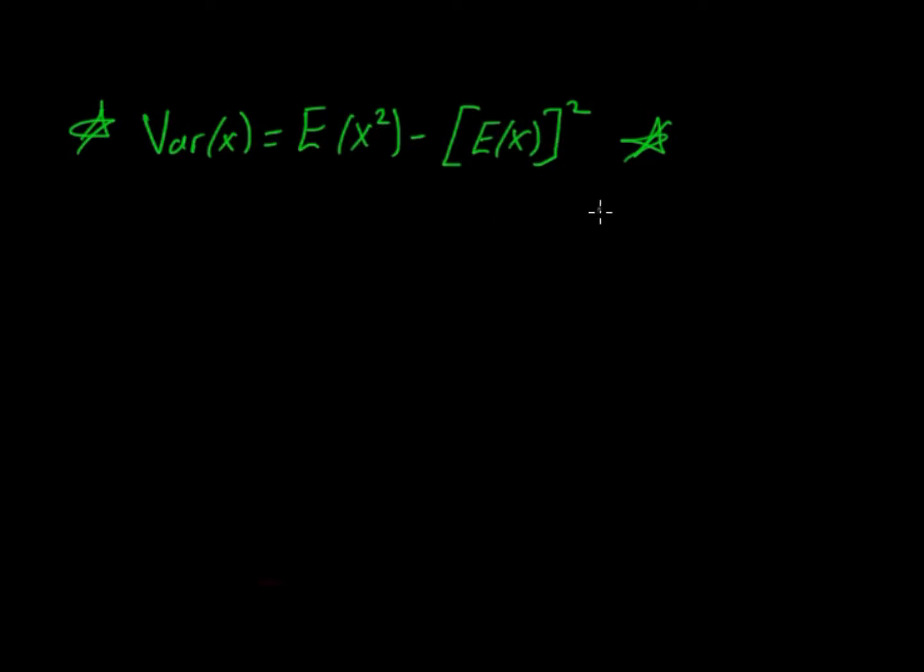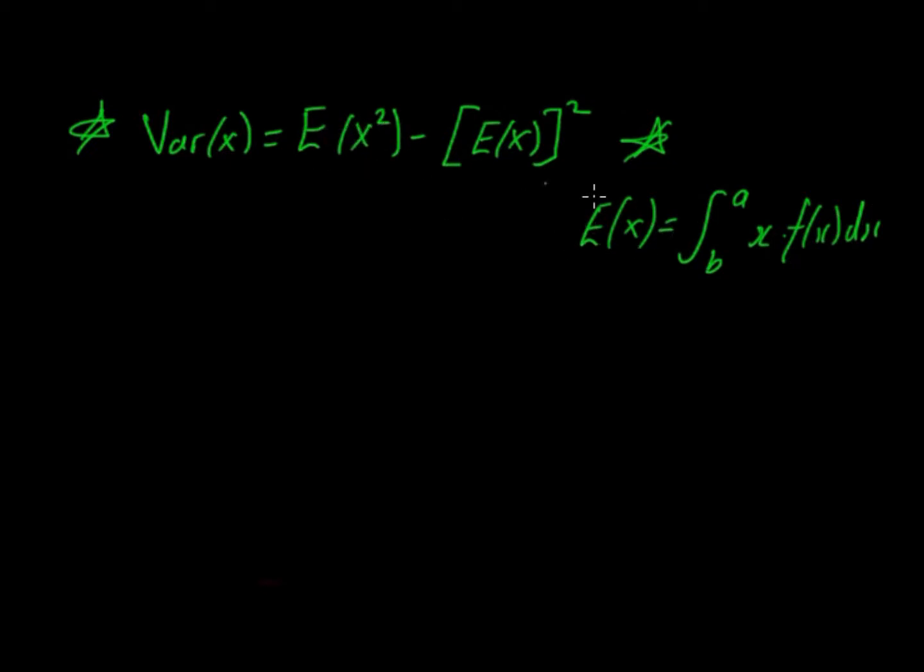Now we know that E(X), the mean, is equal to the integral from a to b, and remember you can swap in infinity and negative infinity, of x times f(x) dx. That gives us the formula for the mean.